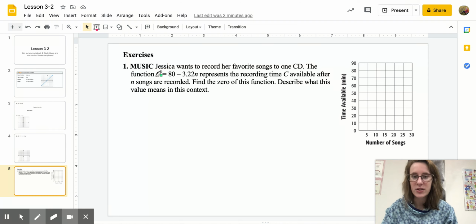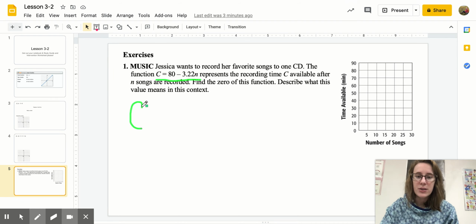So it gives us this function c equals 80 minus 3.22n. It says to find the 0 of this function and describe what this means in this context.